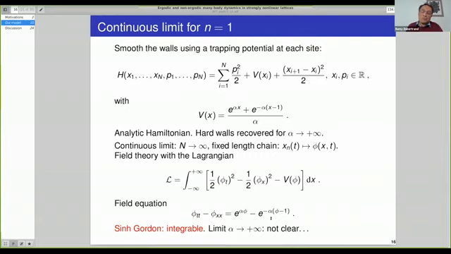And probably many of you in the audience will recognize this as being a sine-Gordon equation, which is known to be integrable. So my question for you would be how to analyze what happens when I take this equation and I send alpha to infinity. So basically our result makes us believe that one will break integrability.